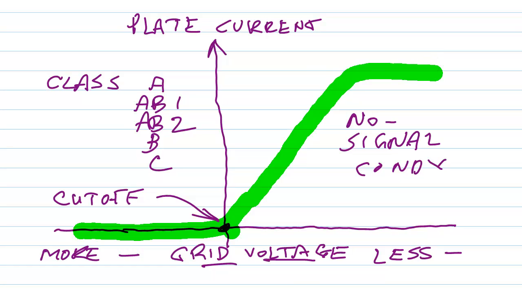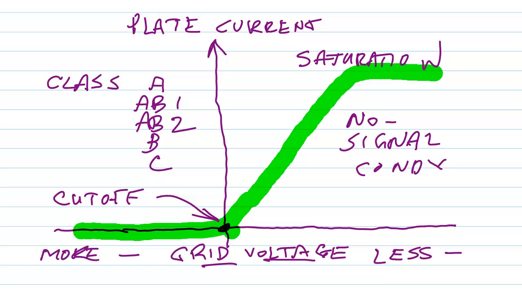That is called saturation. You never really want to saturate a tube any more than you want to saturate a transistor. So how does this work? Notice there is a straight line portion of this curve right here.